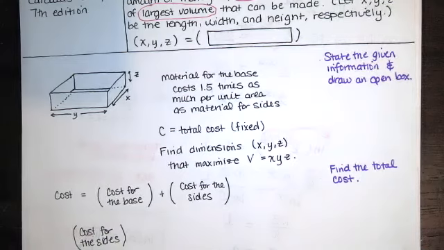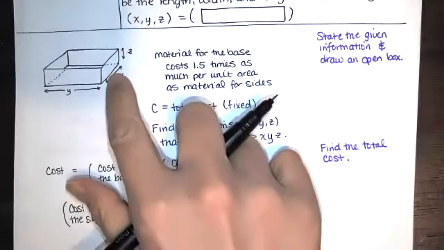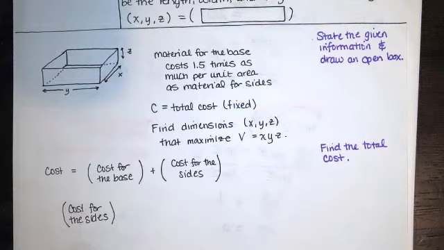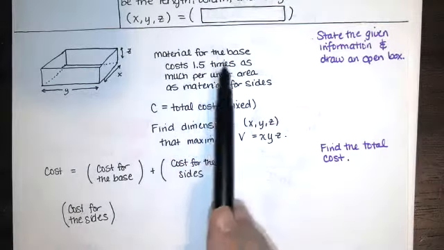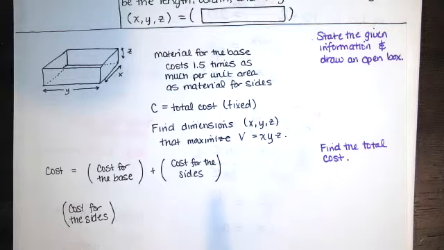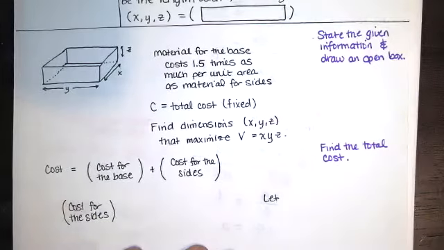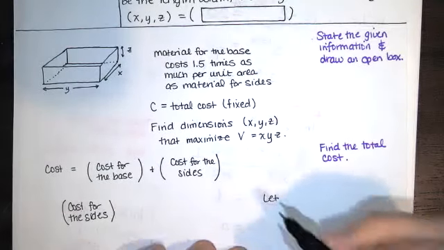Now, I actually don't know how much the material for the sides costs. All I know is that the material for the base costs 1.5 times as much per unit area as the material for the sides. So I'm going to define a variable so that I can find the cost for the sides in terms of this variable.